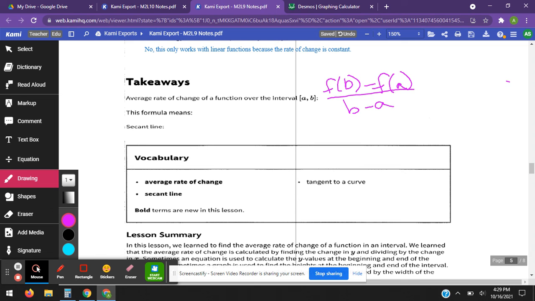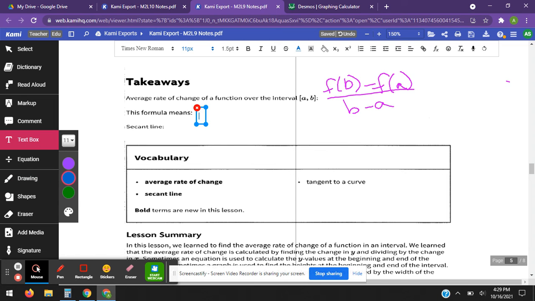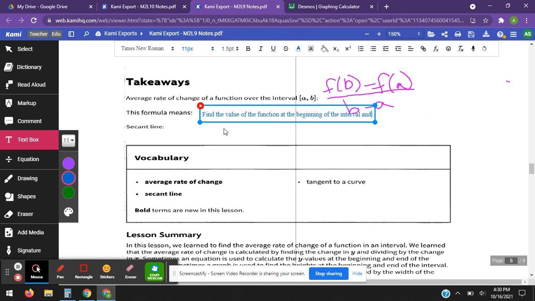So what this formula means is find the value of the function at the beginning of the interval and at the end, then divide by the length of the interval.